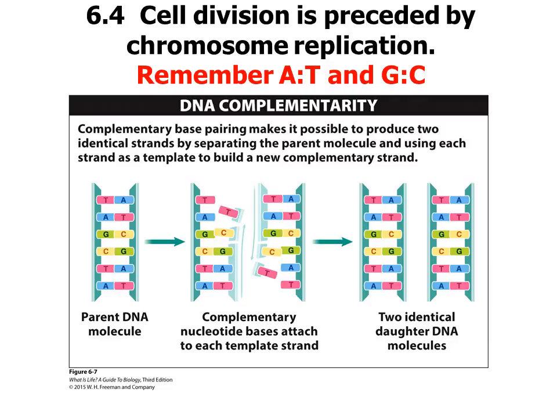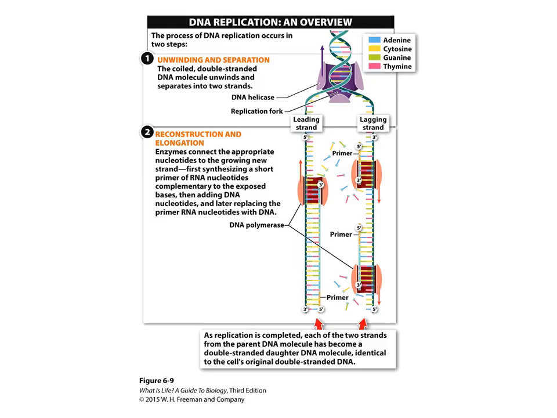So that's DNA replication. So remember, A base pairs to T and G to C. You don't need to know all the detail. I just want you to know the process of DNA replication occurs in two steps. The first is unwinding and separation of the two strands, and then the second is reconstructing and elongating the new complementary strand.